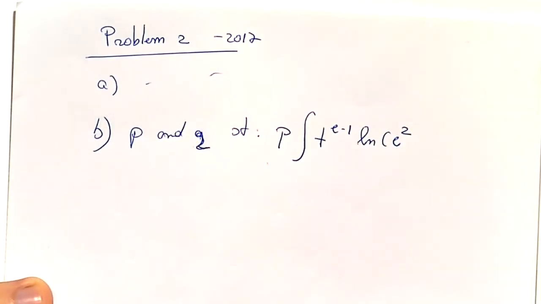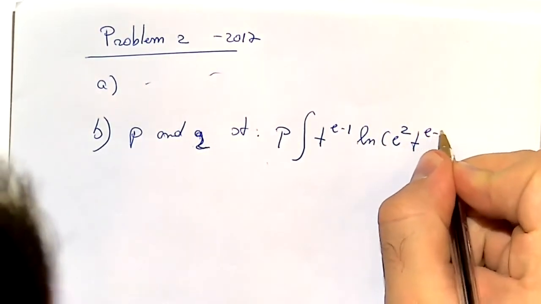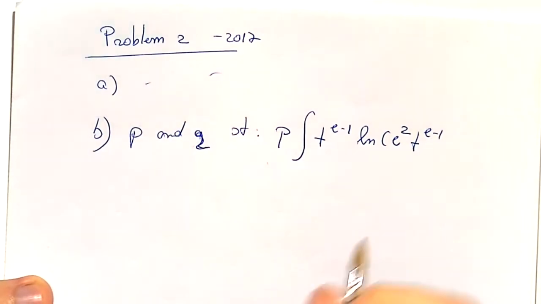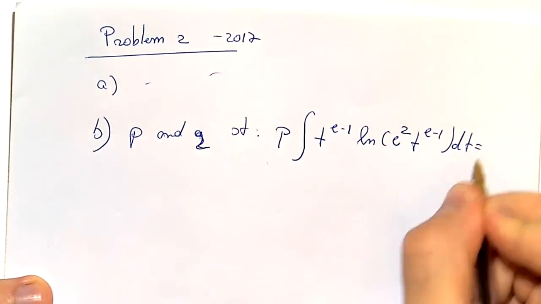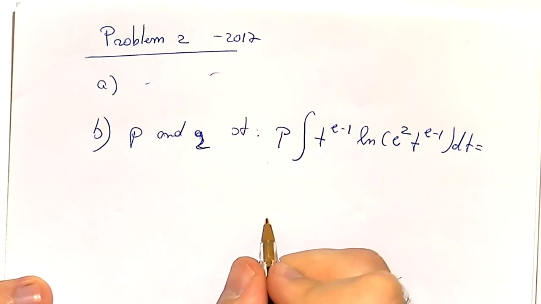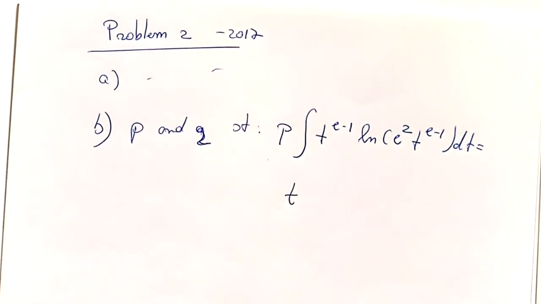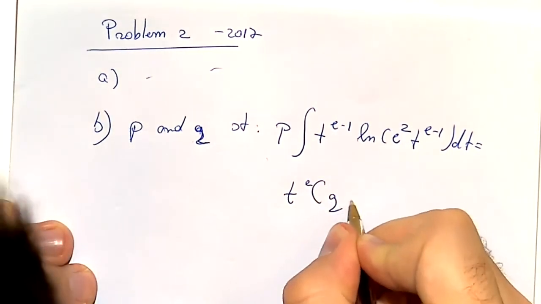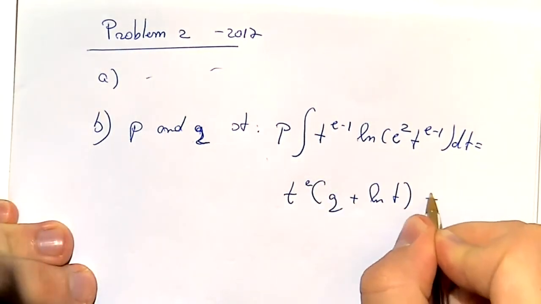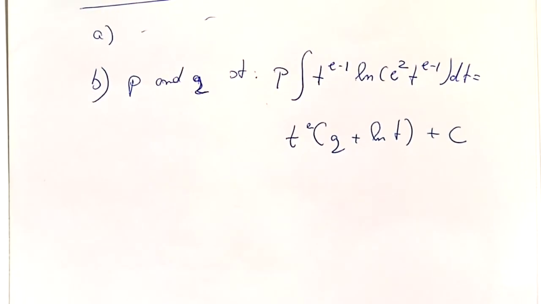It's a horrible integral, but it actually gets better if you compute it. Again, you don't need to understand, you just need to know that this is it. So you're asked to find the constants of this.